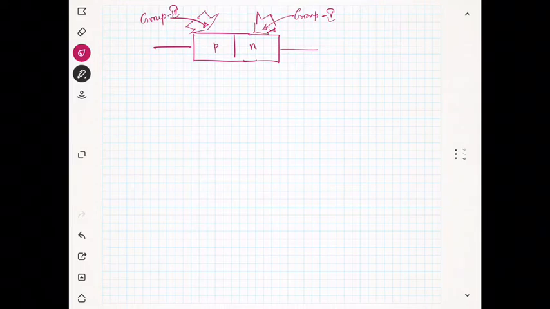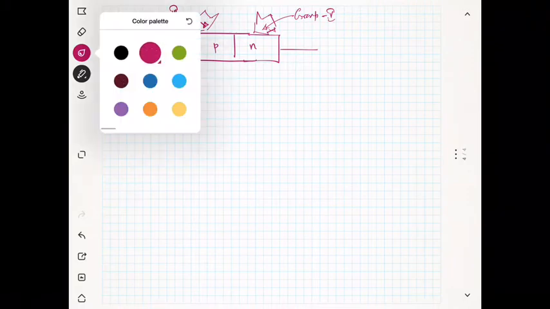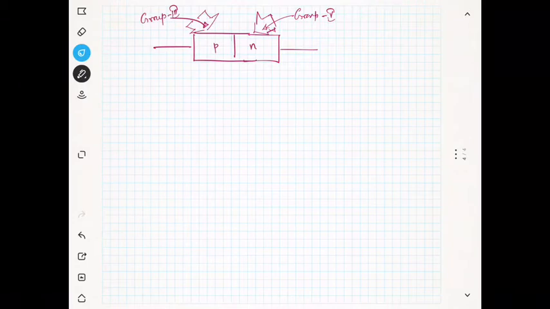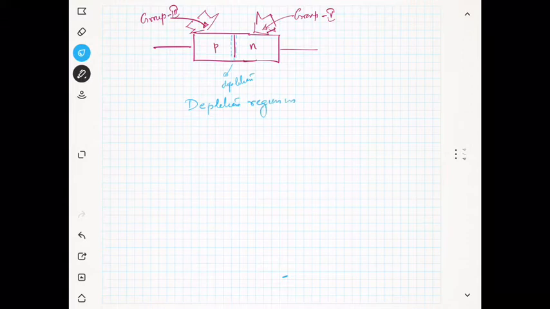So whenever the doping concentration becomes very high, the depletion region in the Zener diode, this is the depletion region that we have already discussed while discussing the diodes, that is the region with ions, is very thin.